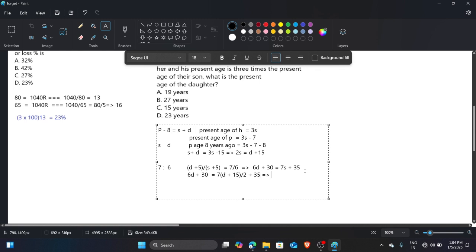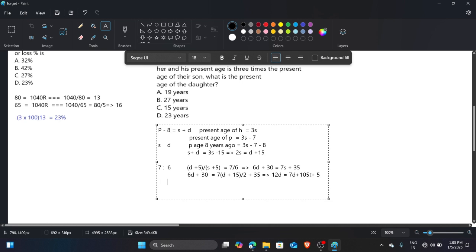So if we further simplify that, 35, 30 goes this side, so only 5 is remaining. So 6d equal to 7d plus 15 sevens, which are 105, and 2 is a division of it, so I multiplied this side, so it is 12. And the remaining is 5.